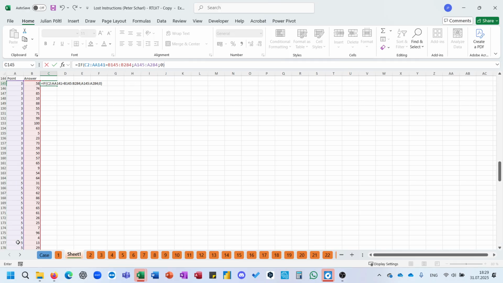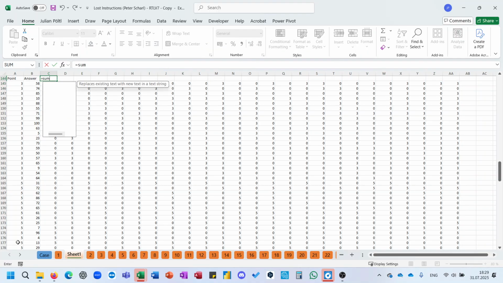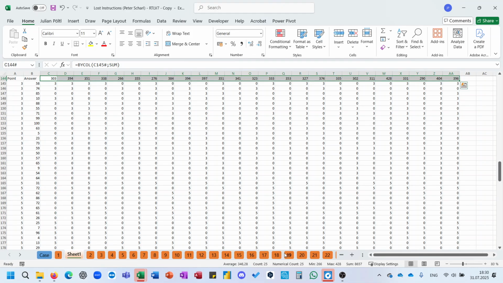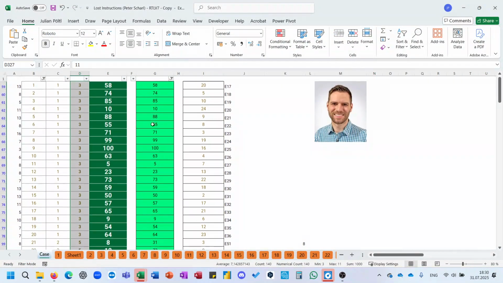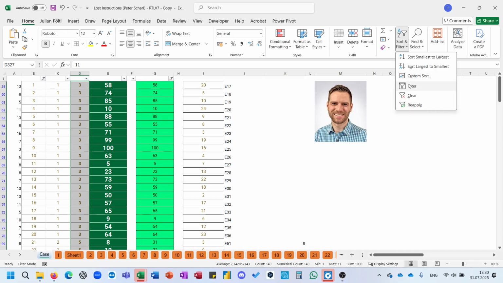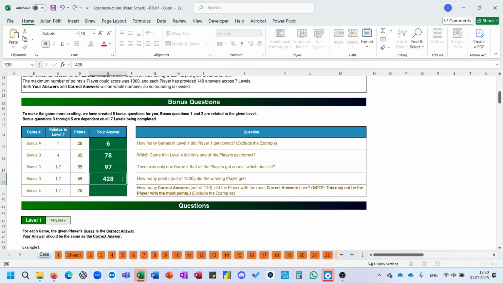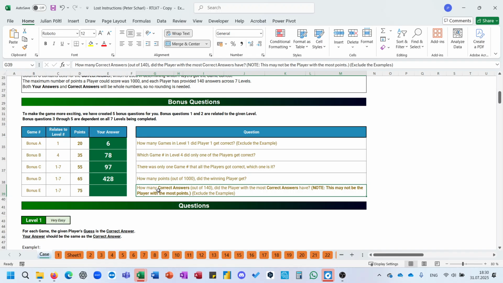Otherwise you get 0. By column sum. And the maximum amount of points is 428. And no, not the live stream. Yeah, 428. And how many correct answers?